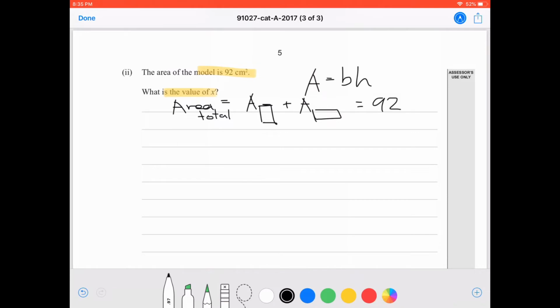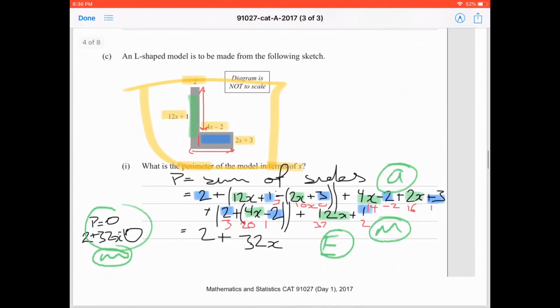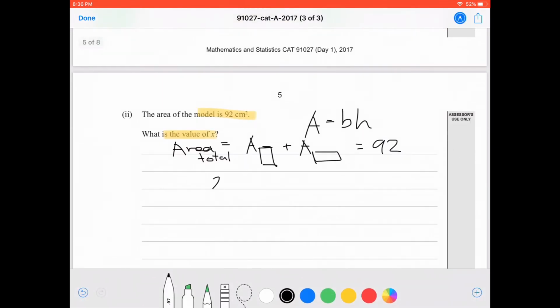So substituting in our equations, looking at our vertical, we'll have 2 and 12x plus 1 as the side lengths.